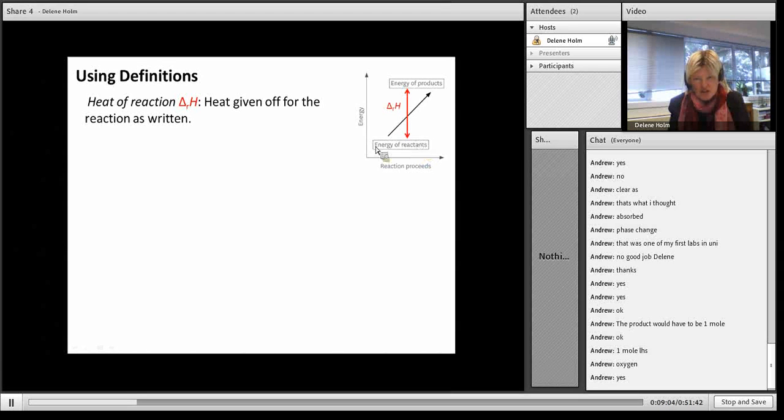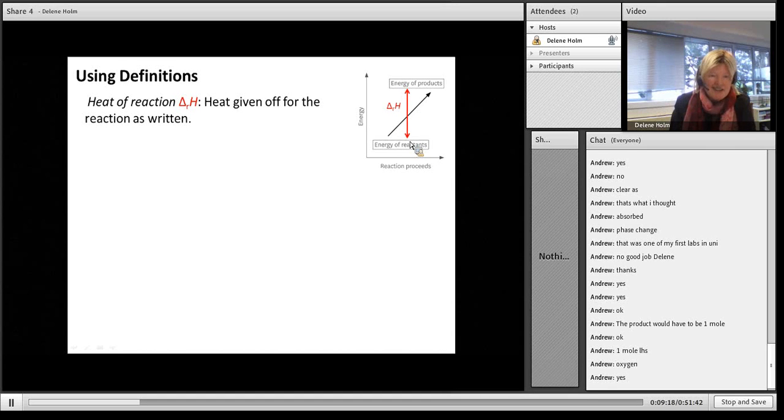So that's what that fixed amount of energy is. And the energy of the products, it's if we formed those products from the elements, that would be that energy. And the difference between the product energy and the reactant energy is going to be the heat of reaction. So it's always products minus reactants.